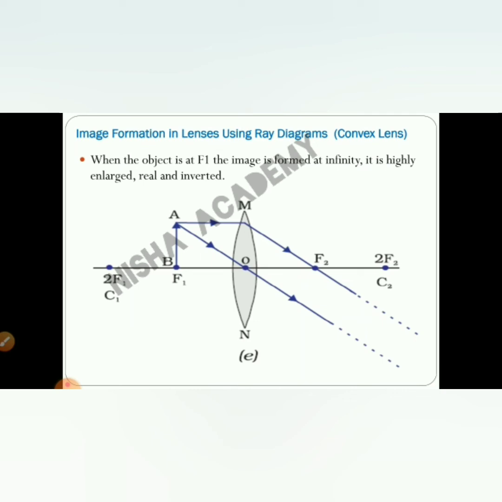Now when we take these two rays, you can check that the two refracted rays are exactly parallel to each other, which is not really parallel but seems to be parallel. So we can see that the image is created at infinity, which is exactly opposite to when the object is placed at infinity and the image is created at f1.